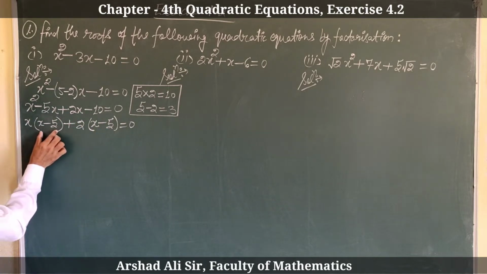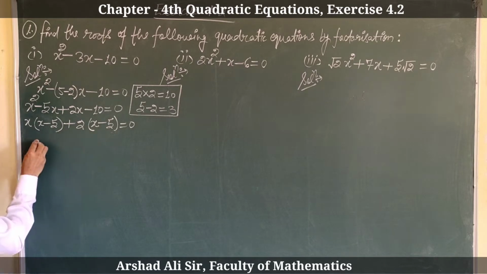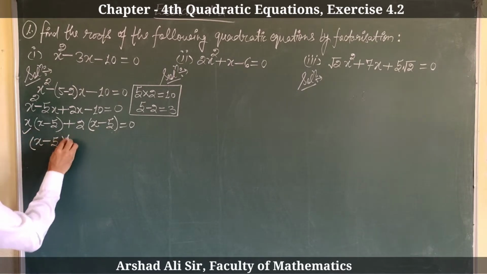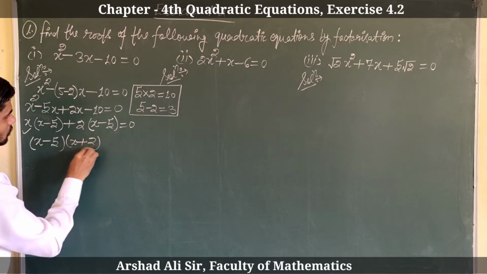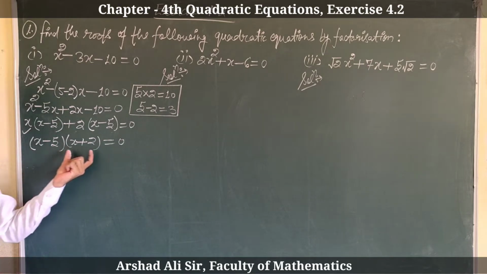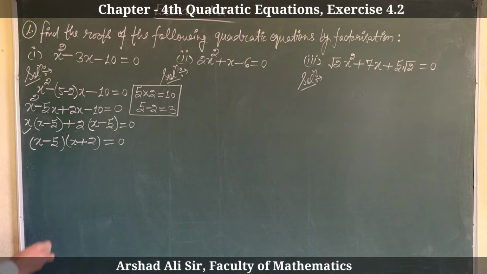Now x minus 5 is common. Here x plus 2 is equal to 0. Now we have two linear factors. First one is x minus 5 and second one is x plus 2 is equal to 0.